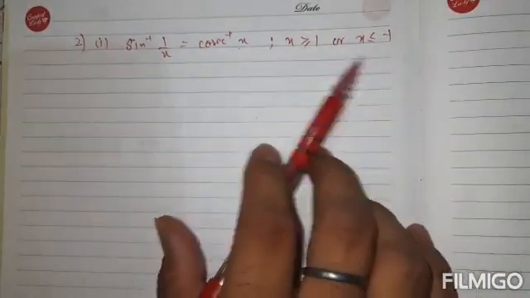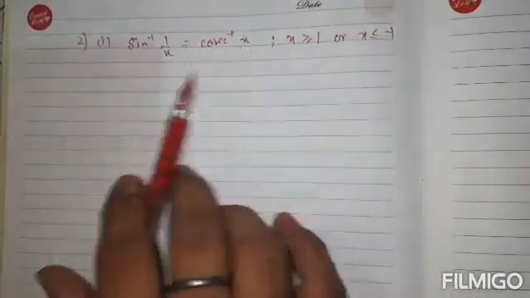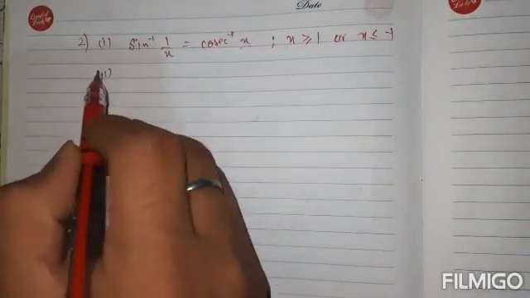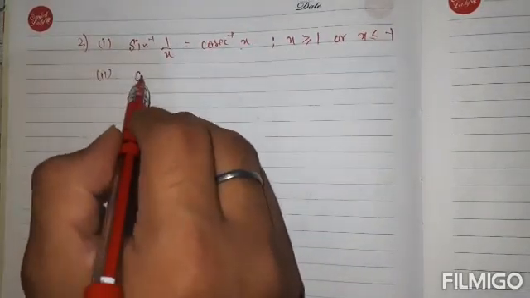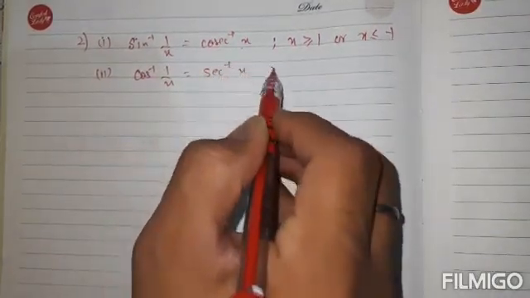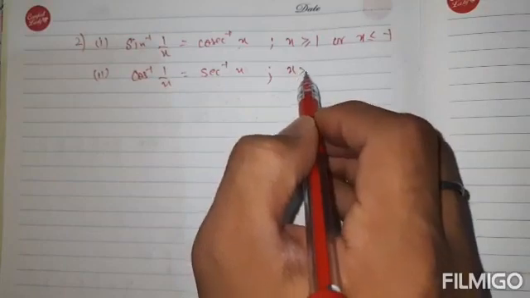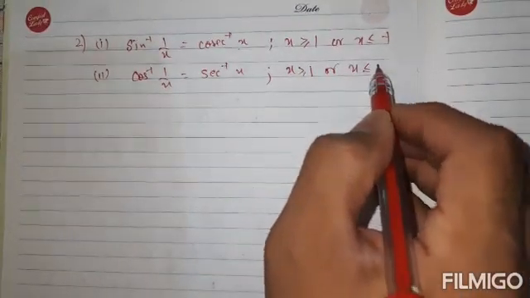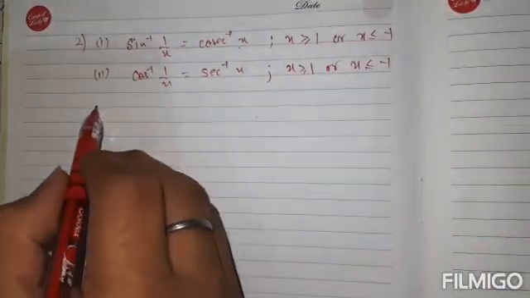For these values of x, this relation is valid. Similarly, for the second one, cos inverse 1 by x is equal to sec inverse x. Again, the domain is the same: x is greater than or equal to 1 or x is less than or equal to minus 1.